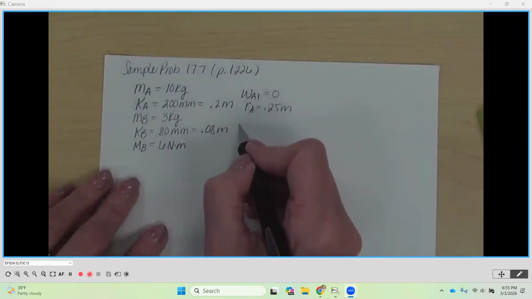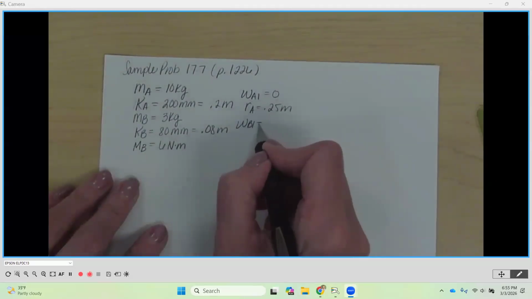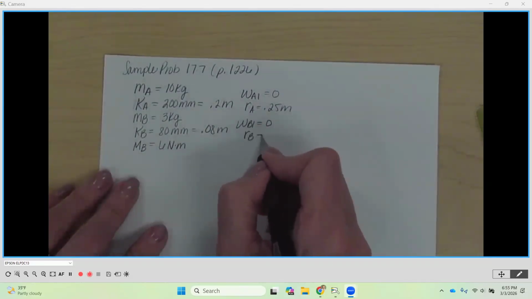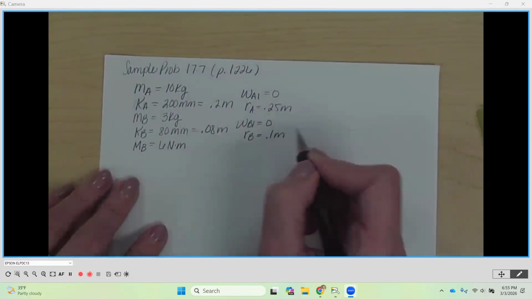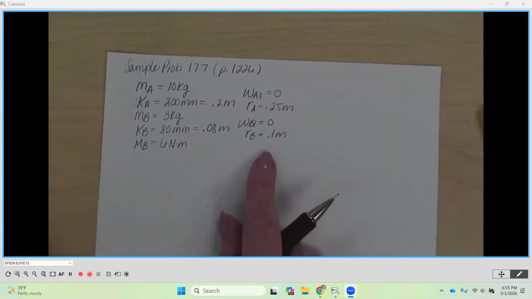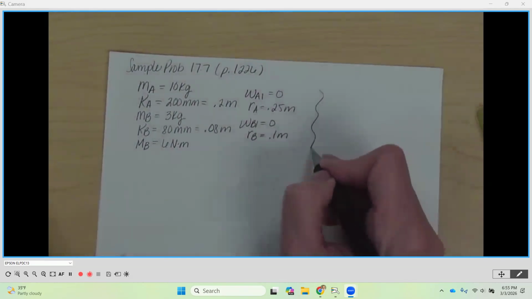And then our WB1 is also at rest, and the radius there to B is 0.1 meters. It was 250 millimeters for A and 100 millimeters at B, but I just put them right to meters right away.